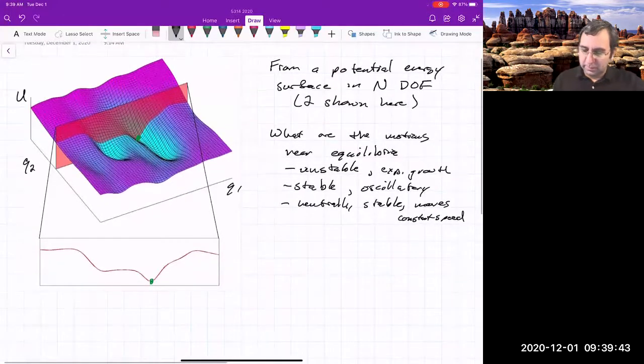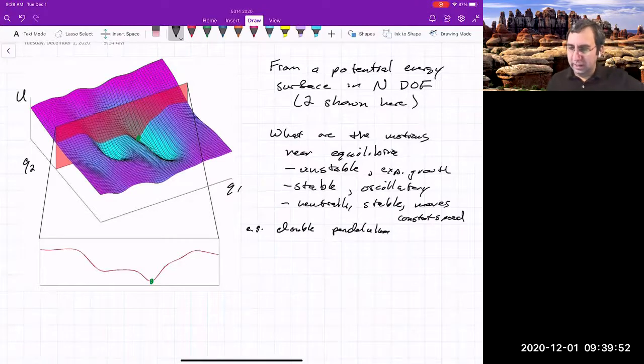So, for example, if we had a double pendulum, a double planar pendulum, we've got our 2 links going downward. That's the equilibrium.